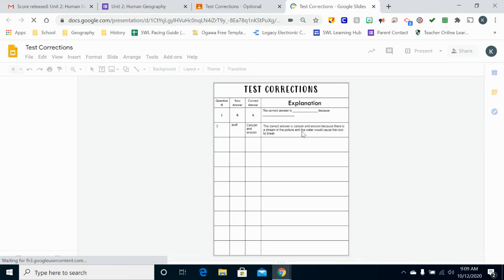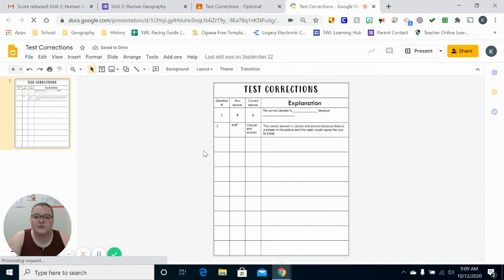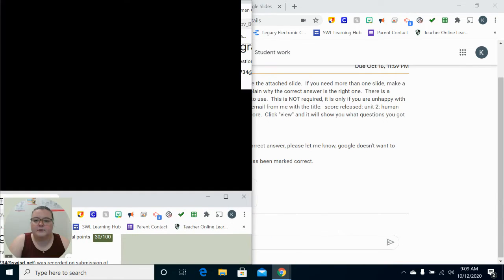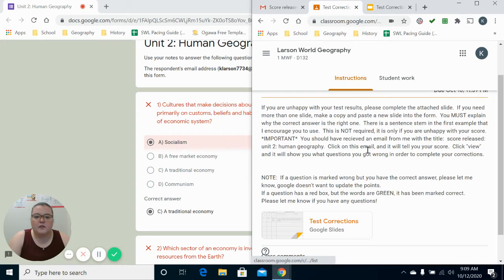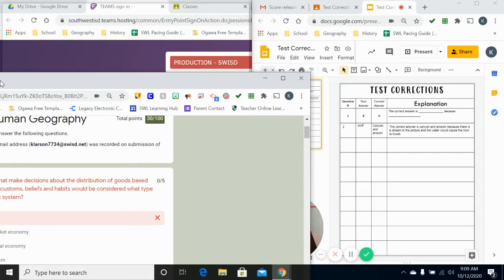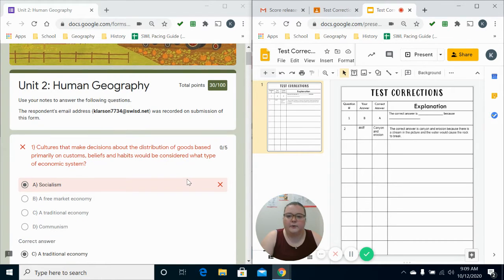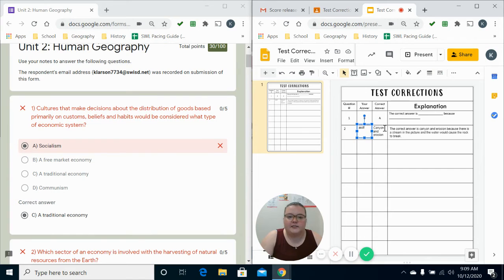This is what the test corrections looks like. It looks exactly like last unit's. For example, let me go ahead and split my screen. If you want to learn how to split your screen, just let me know and I can help you with that. I got question 1 wrong, so I would type in 1 here. I put my answer as A, but the correct answer was C, a traditional economy.